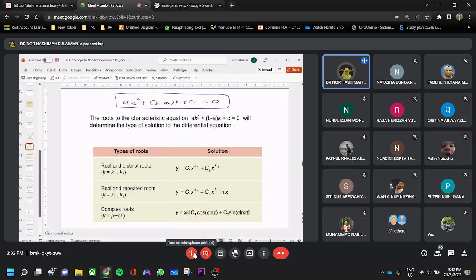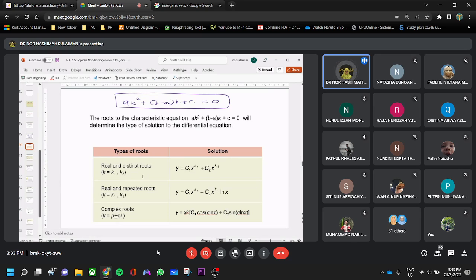So, macam yang sebelum ni juga, depending on the roots to this particular characteristic equation, we are able to identify the form of the general solution. So, kalau sekiranya the roots happen to be real and distinct, k1 and k2, maknanya solution dia will take the form of y equals to c1 x to the power of k1 plus c2 x to the power of k2.